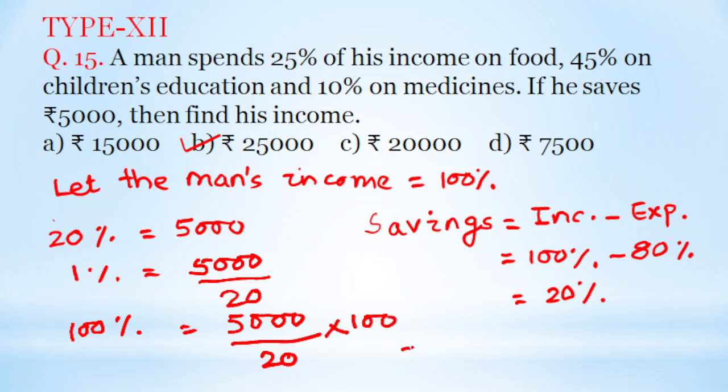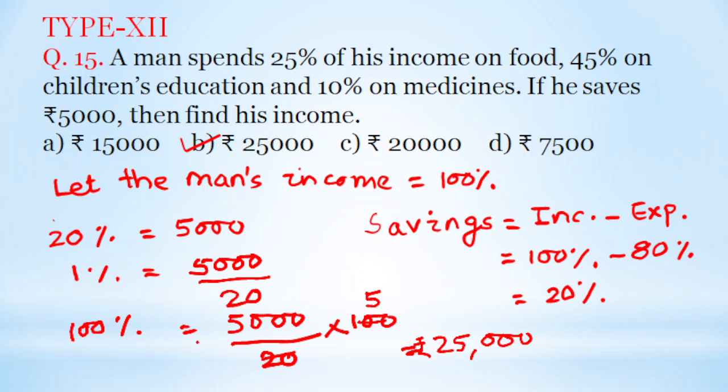So that is equal to, 20 5s are 100, so that is 25,000 rupees. That means option B is the right answer.